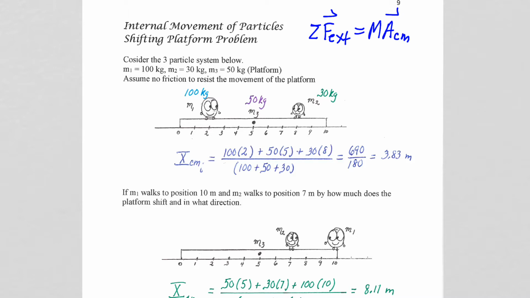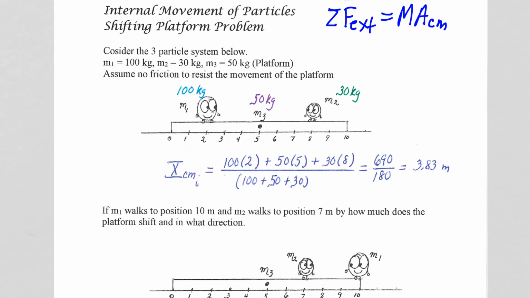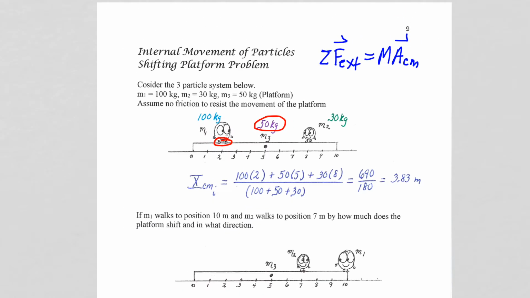It is going to be the people rearranging their positions such that the force that they generate is going to be the frictional force between their feet and the platform. And the platform, the 50 kilogram platform, is part of the system. So everything is internal, so there are no external forces.